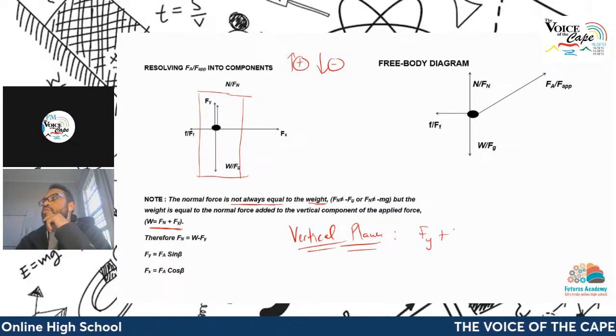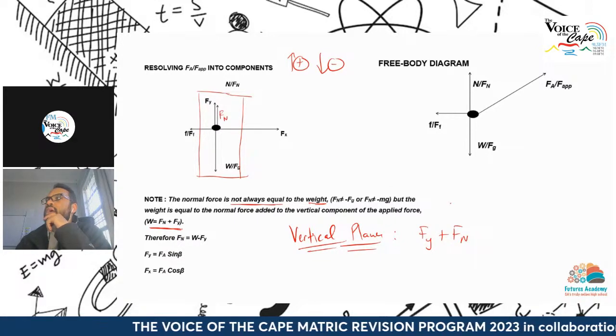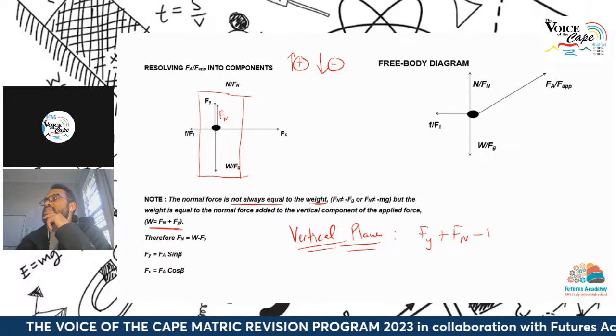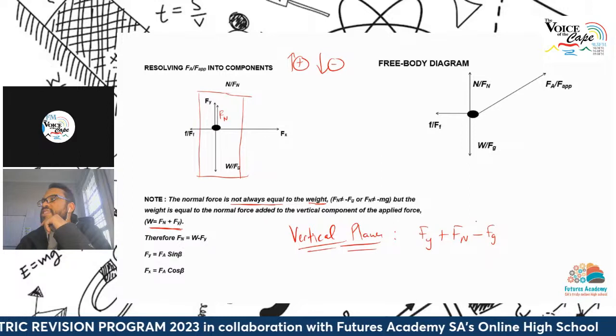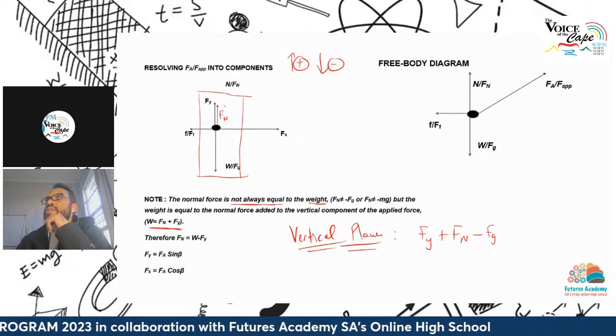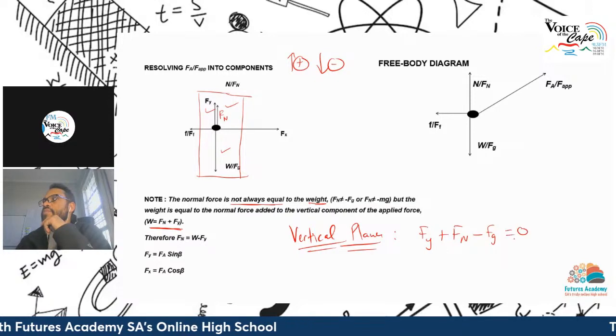I've also got our normal force, Fn, which is also an upward force, so that's Fn over there. And I've got minus Fg, right? So the sum of these three forces, this one plus this one over here, is equal to 0.